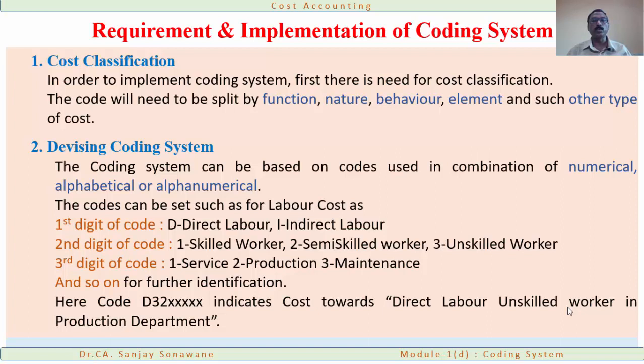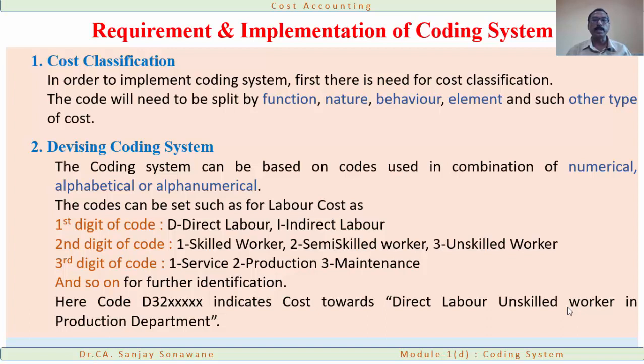A code will contain a number of digits. Let us say the first digit of the code we can give for identification as direct labor cost or indirect labor cost. So the first digit will indicate D means direct labor, I means indirect labor.